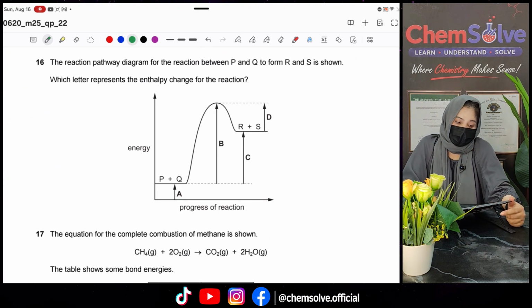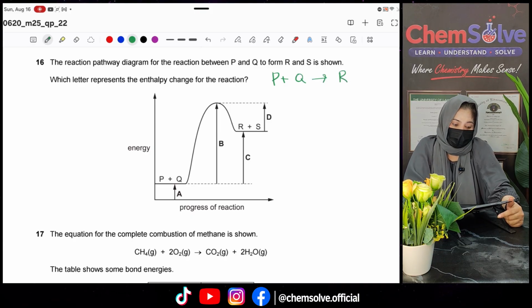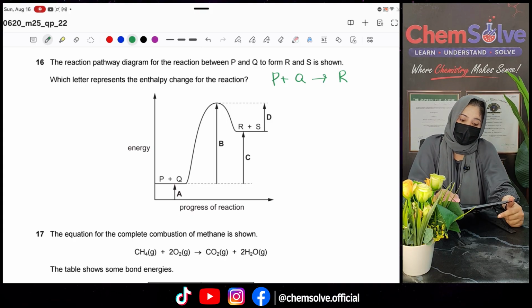Question number 16. The reaction pathway diagram for the reaction between P and Q to form R is shown. P and Q are the reactants and R is the product, which later represents the enthalpy change for the reaction. R and S are also the products.